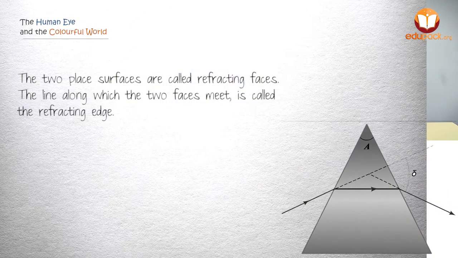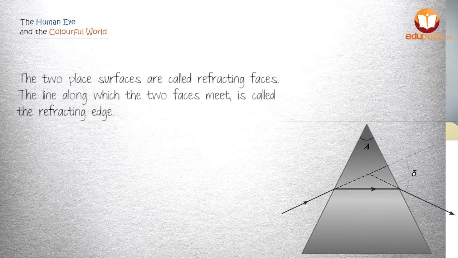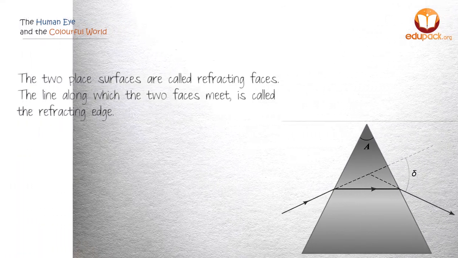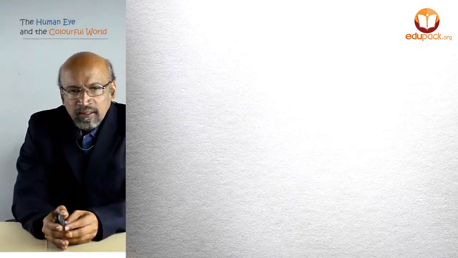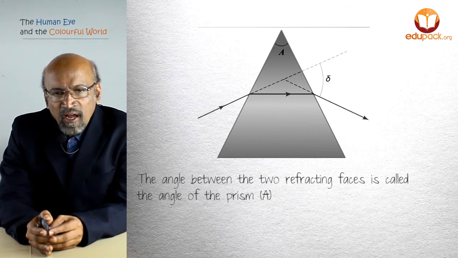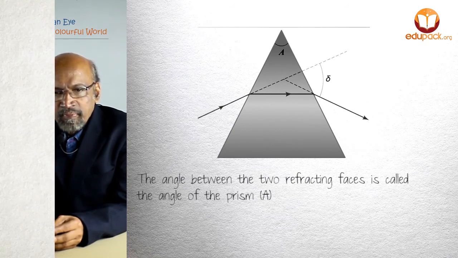The two plane surfaces are called refracting faces. The line along which the two faces meet is called the refracting edge. The angle between the two refracting faces is called the angle of the prism A.